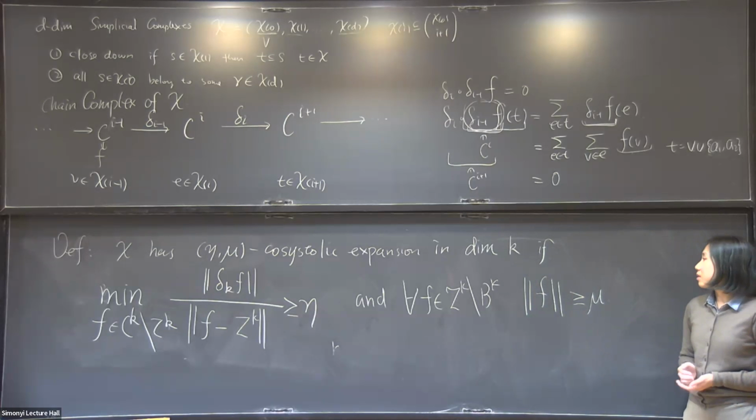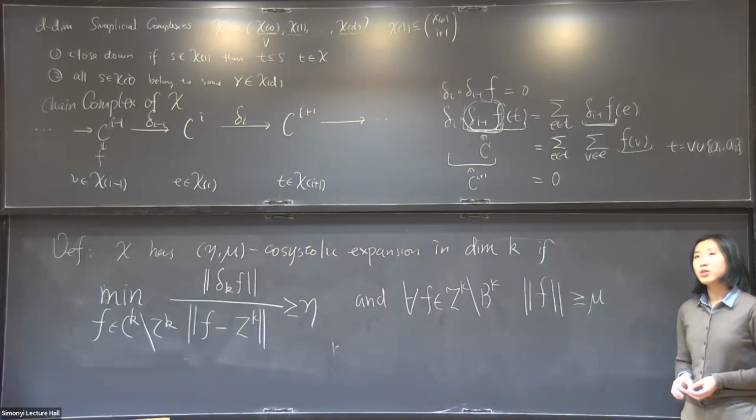So this is the relaxation. And what is this in dimension 1? In dimension 1 you could have holes, but they have to be big.